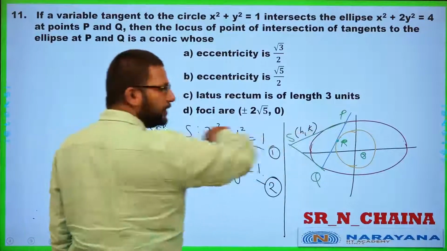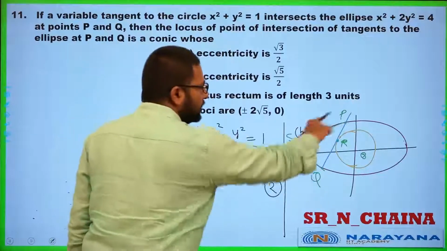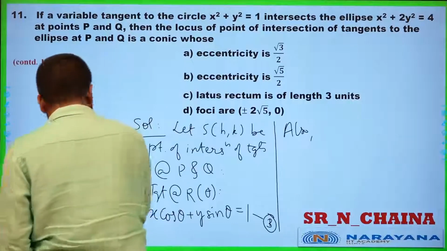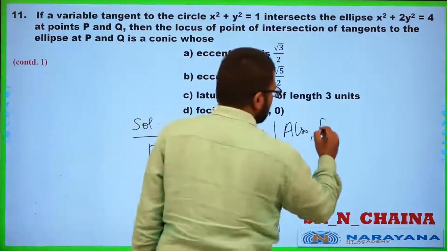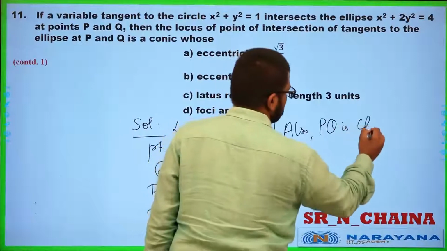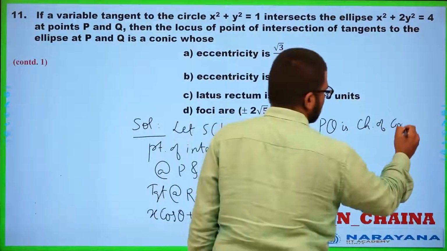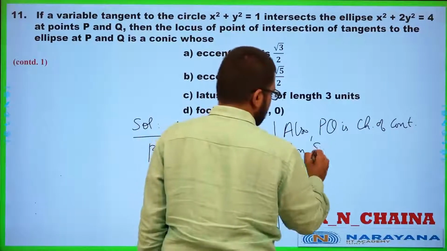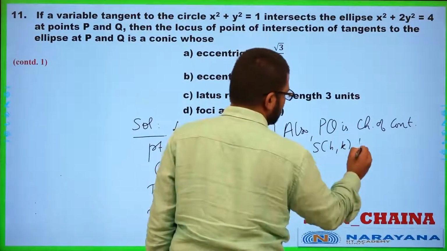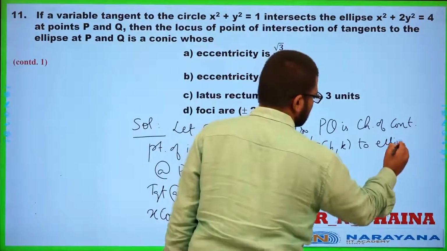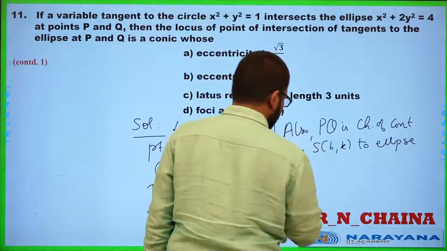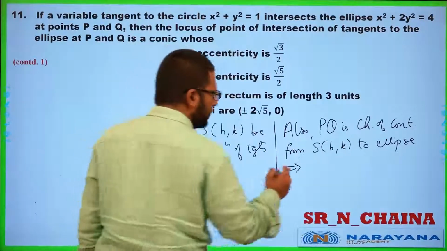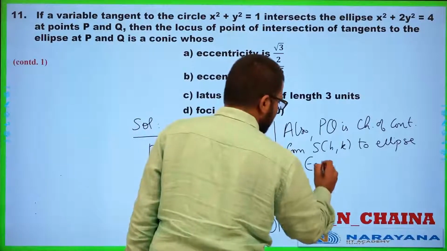It is very important for you to realize that PQ is the chord of contact for the external point S, which means PQ is the chord of contact from S (h, k) to the ellipse.